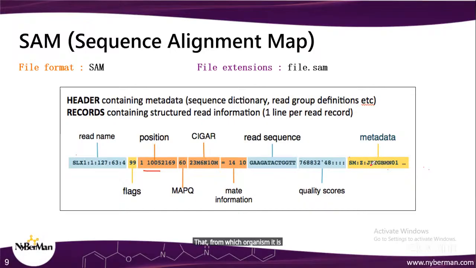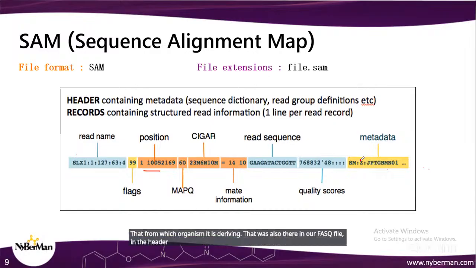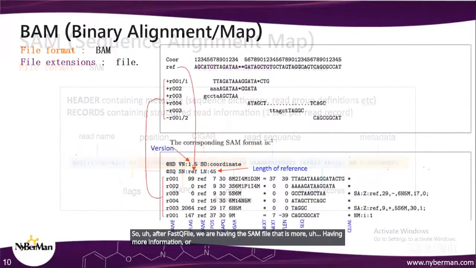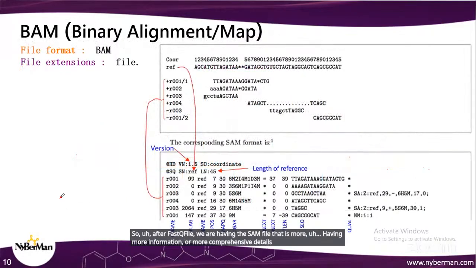That was also there in our FASTQ file in the header form, right? So that can be added here in the metadata column. So after the FASTQ file, we have the SAM file that has more comprehensive details of our sequence.